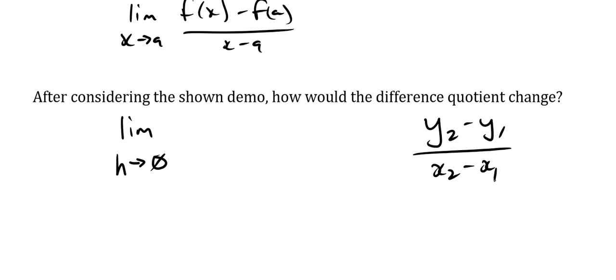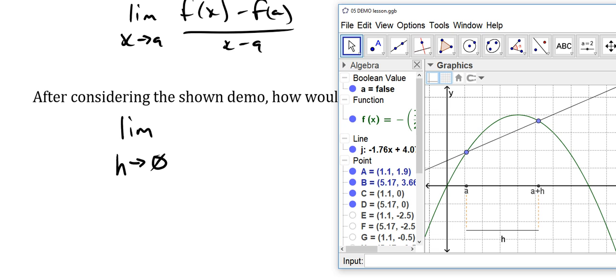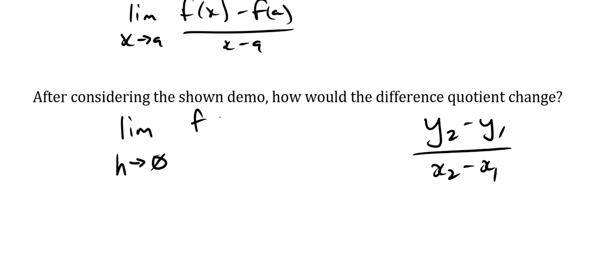So go back to y2, y1. So what are my y2s and y1s? Well, y2 is the function value at the x value of the second x value. So if this is my second x value, a plus h, I get f at a plus h minus f at a.